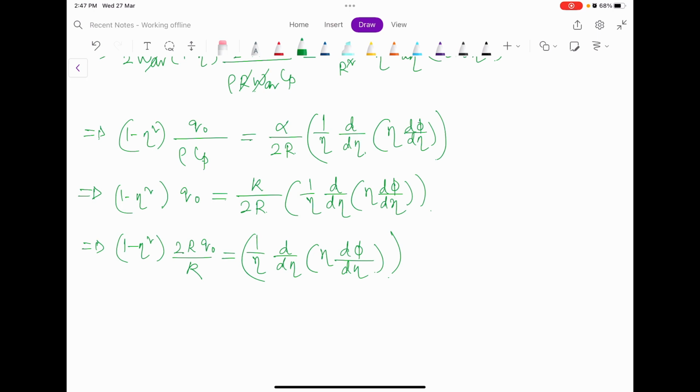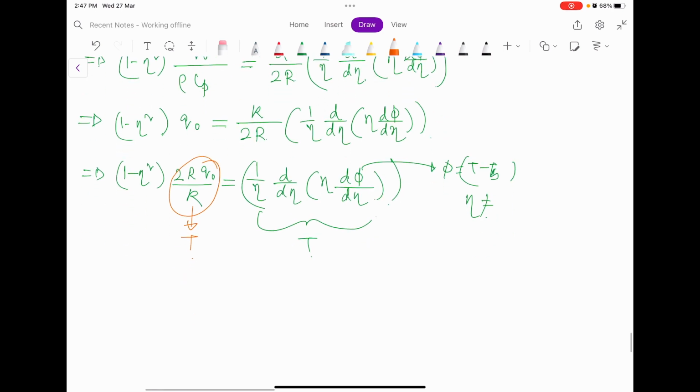The answer is it is not, because phi is T minus Tb, and eta does not have any dimensions. So the right hand side has a dimension of temperature, so the LHS should also have the dimension of temperature. You can write the units of q, r and k, and it will have a dimension of temperature, q into 2r by k.